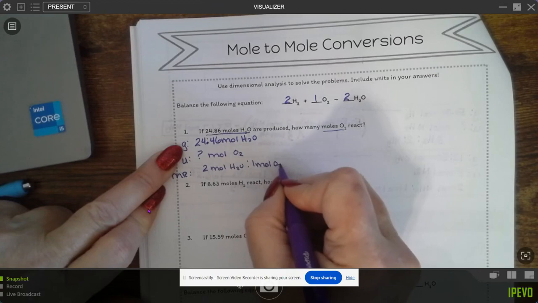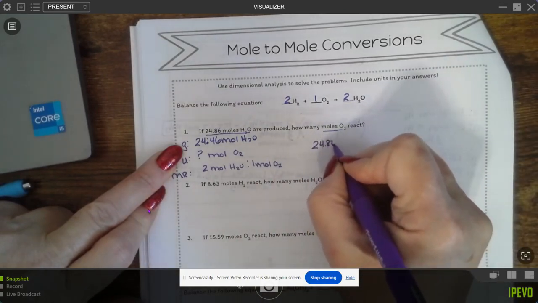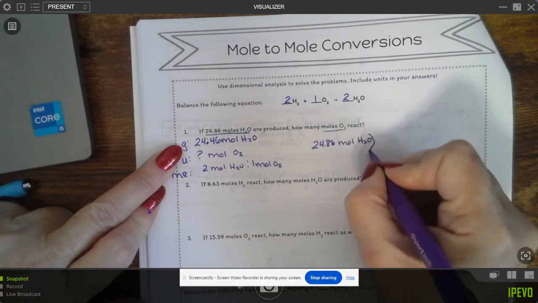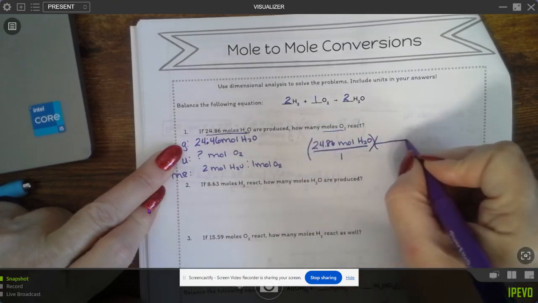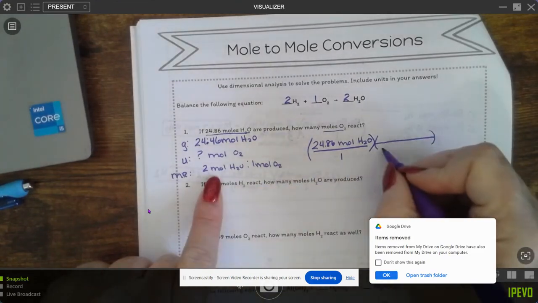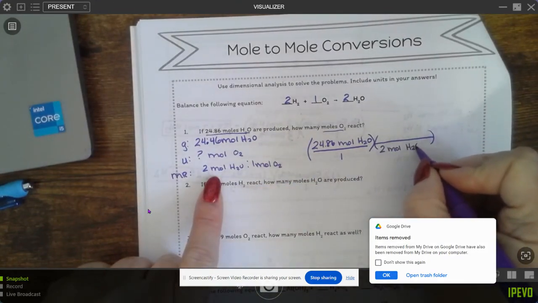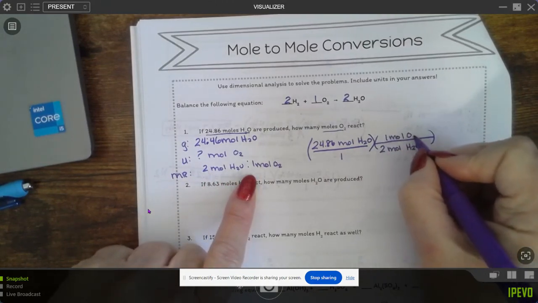of O2. So I'm going to put down what I'm starting with, 24.86 moles of H2O. It's my given, always over 1. And then my conversion, I'm going to have 2 moles of H2O on the bottom and 1 mole of O2 on the top.